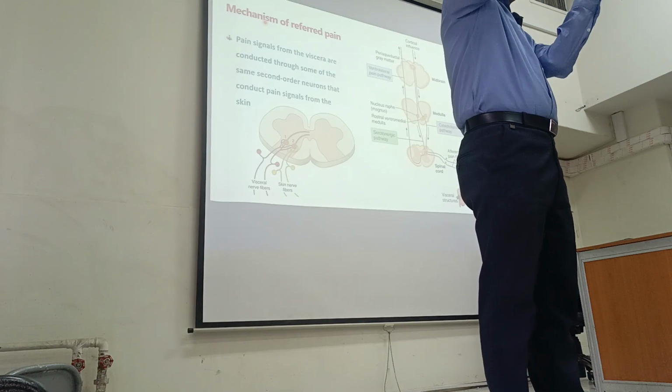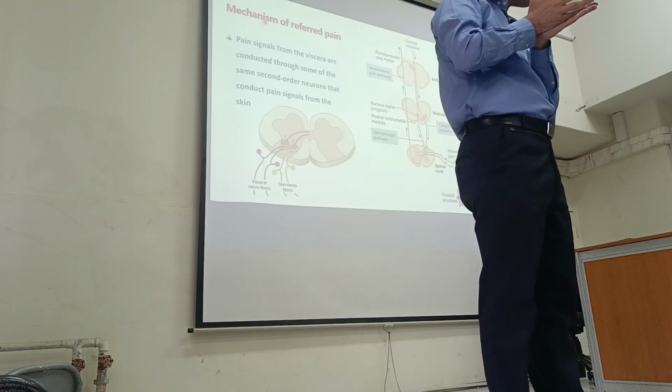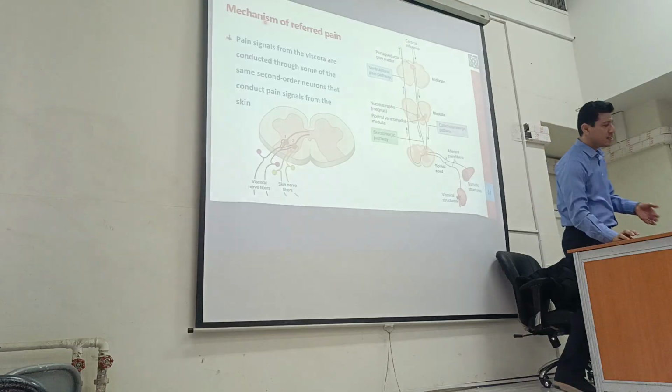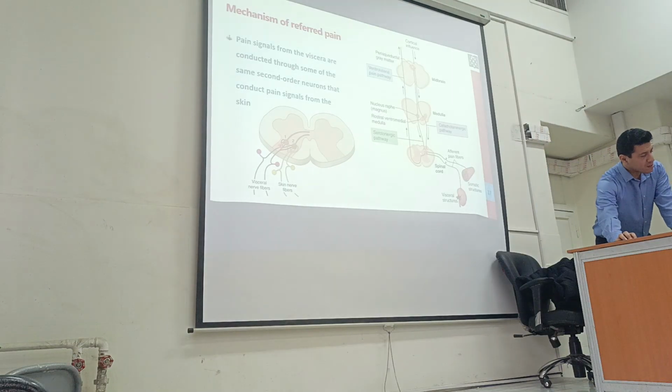So we may have convergence from several sources, right? The same happens here. So let's see. So we have some pain neurons in the spinal cord that carry pain signals to the brain, right? But these fibers or these neurons may receive pain signals from two sources, from the skin and from the visceral organ.